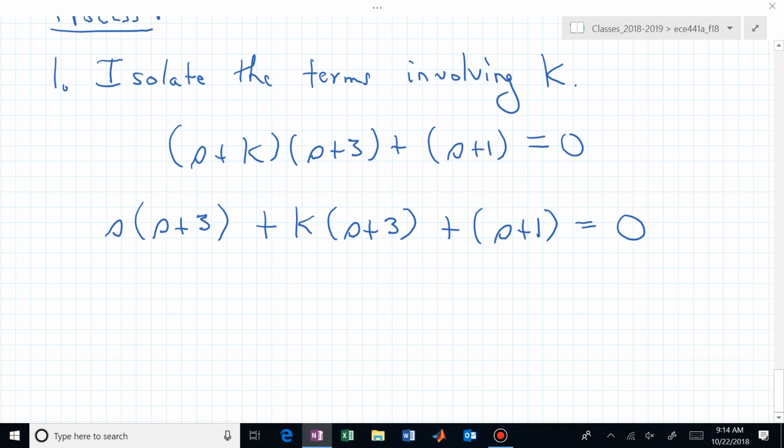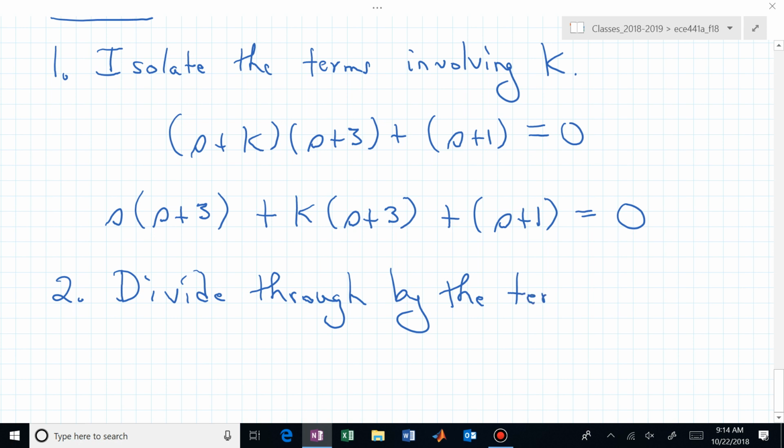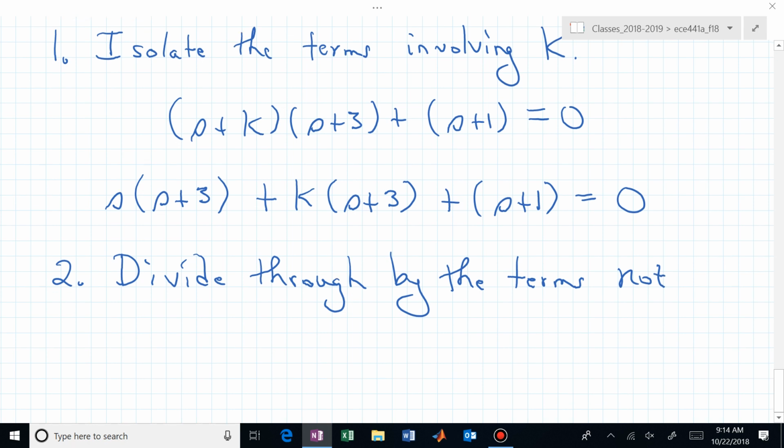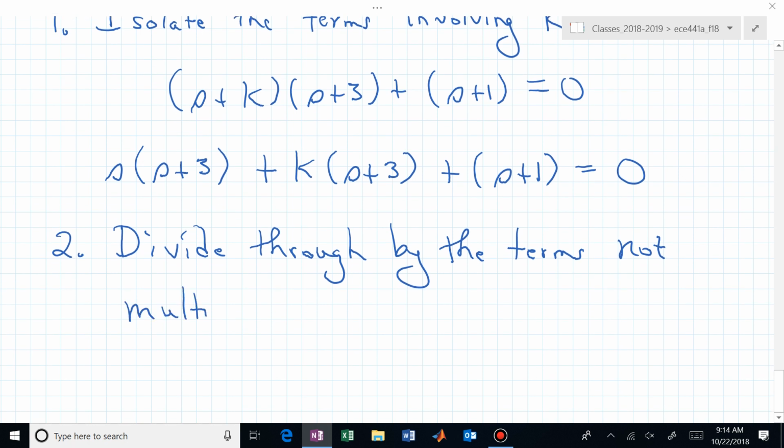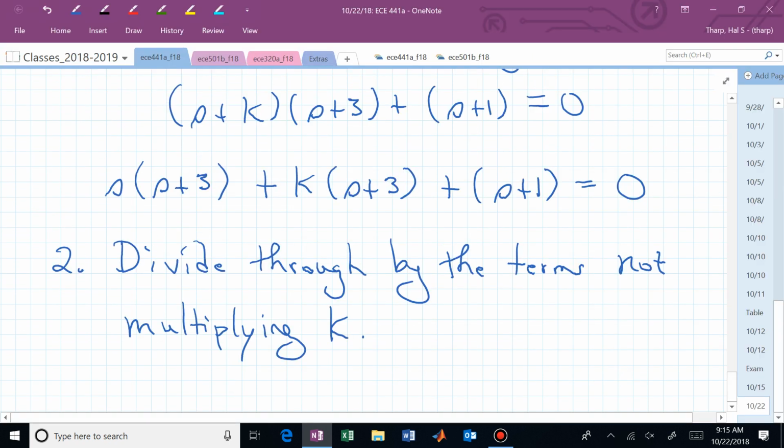The second step is now to simply divide through by all of the terms that don't multiply k. Here, I'll just write that down. Divide through by the terms in that delta of s equation not multiplying k. And the terms that are not multiplying k, I hope you can see, are those.